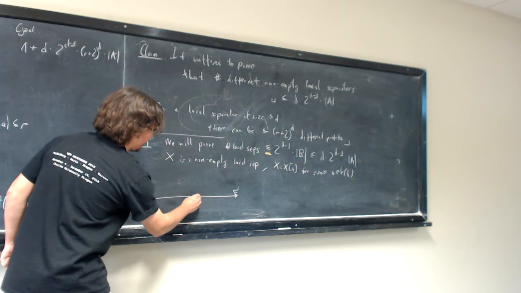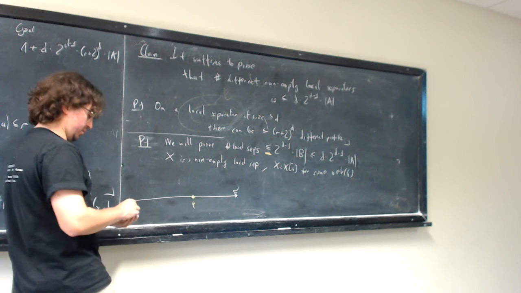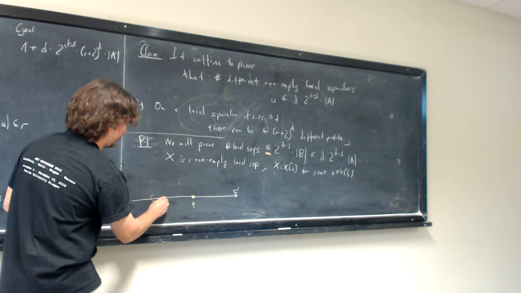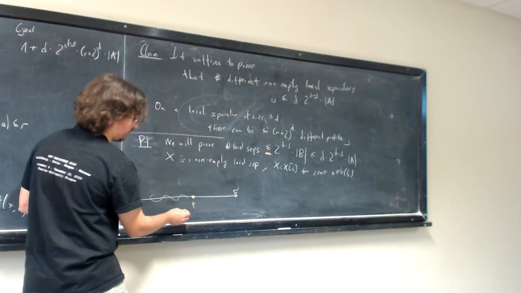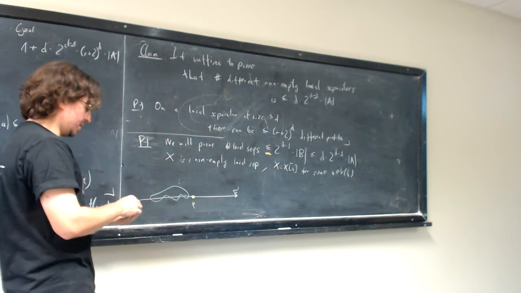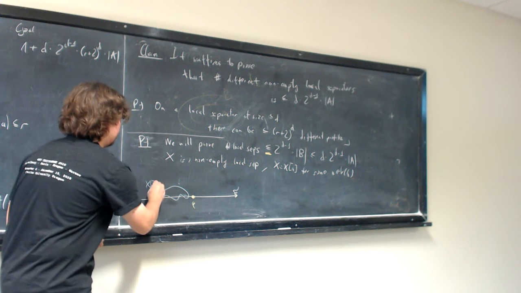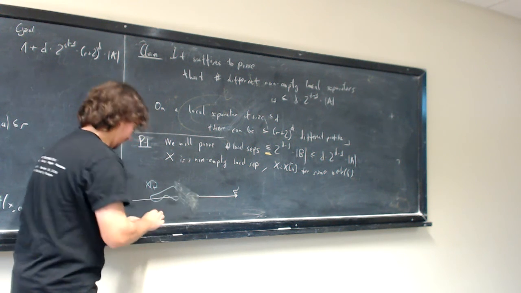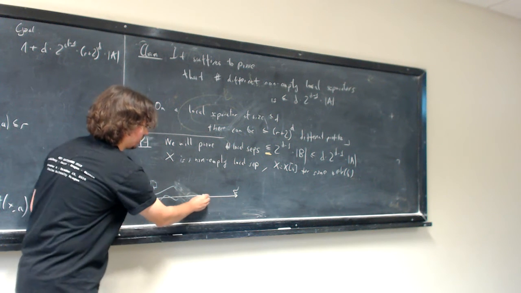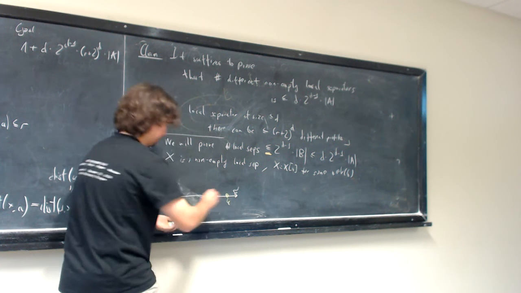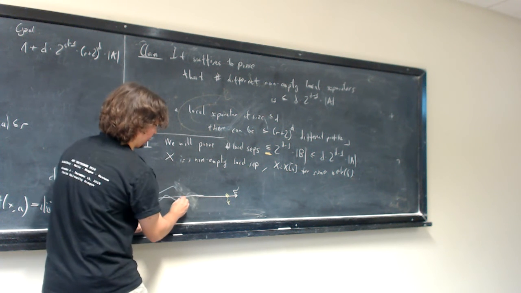Here I have somewhere my vertex u. And here I've got my local separator, X of u. Let me draw it a little bit more skewed so that I have more space. Here is my vertex u, and here is my X of u.